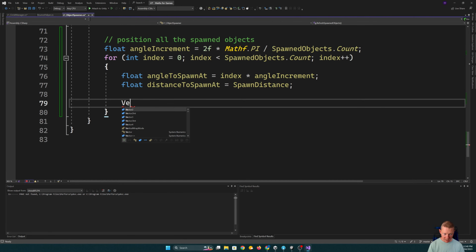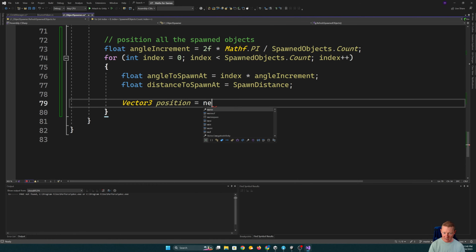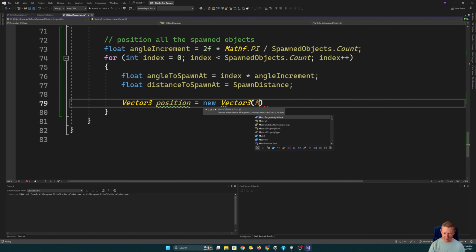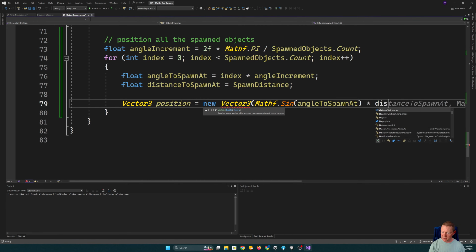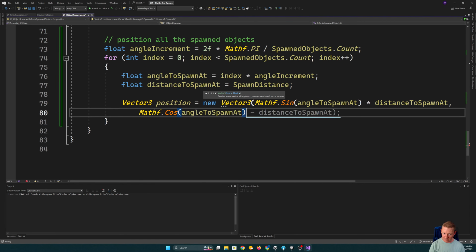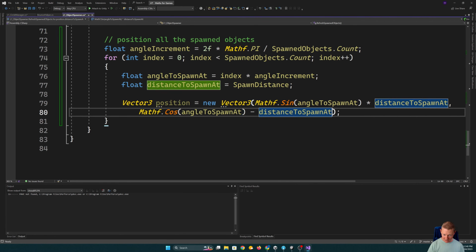So I can work out my position, which is a new Vector3. I want Mathf.Sin of angle to spawn at, and as we did with multiplying by the hypotenuse, that's multiplied by our distance to spawn at. Autocomplete has gone quite wrong there.